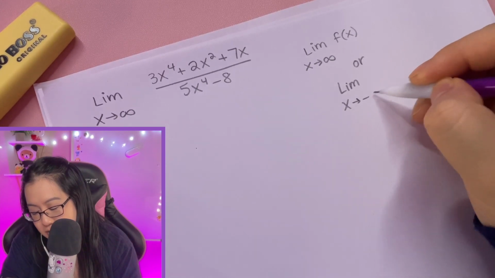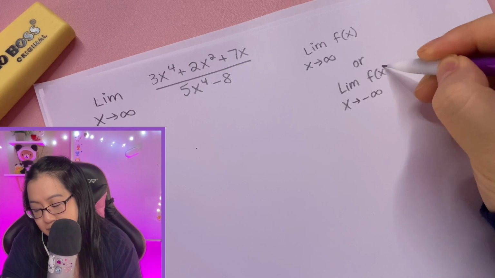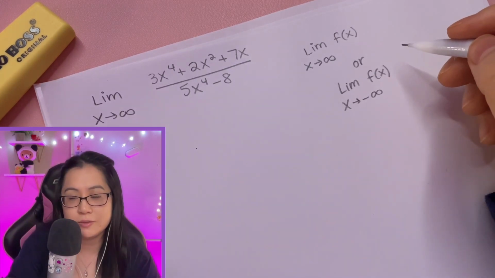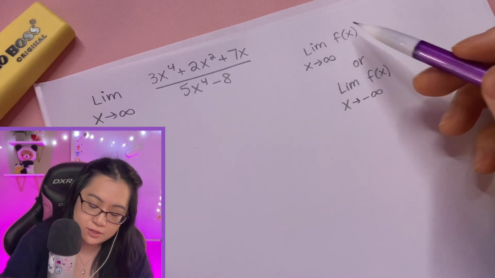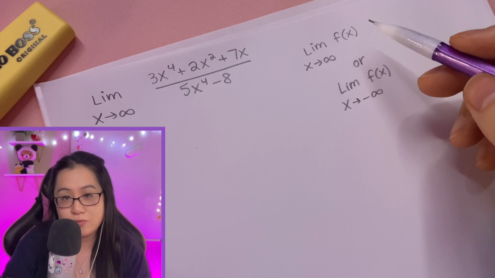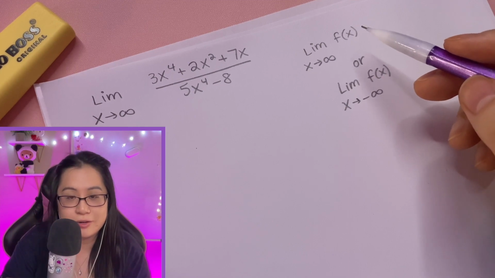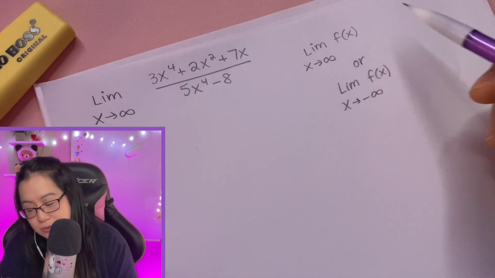So this is not to be confused with limits that happen to evaluate to equal infinity or negative infinity. These limits at infinity may be infinity or negative infinity, but it also might not be. It might actually be a constant or something.